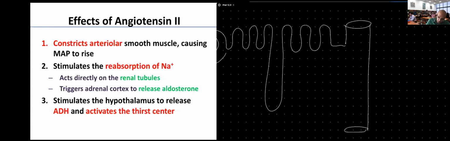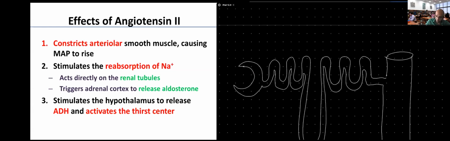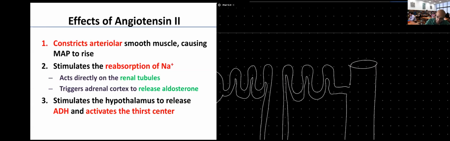So angiotensin II is going to act on its own receptors located on the tubular cells of the nephron, and it will enhance them to reuptake the sodium from the filtrate back to the blood.